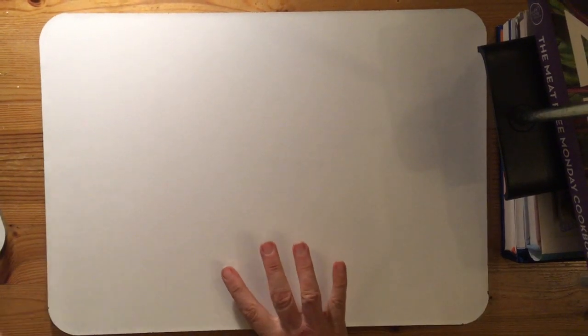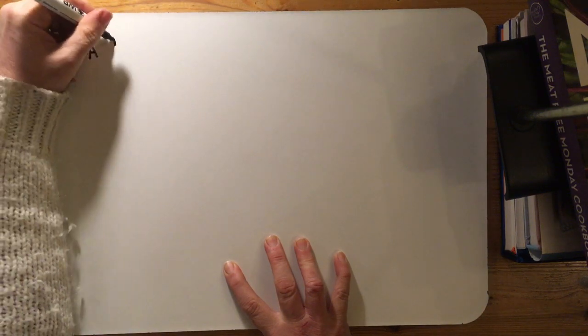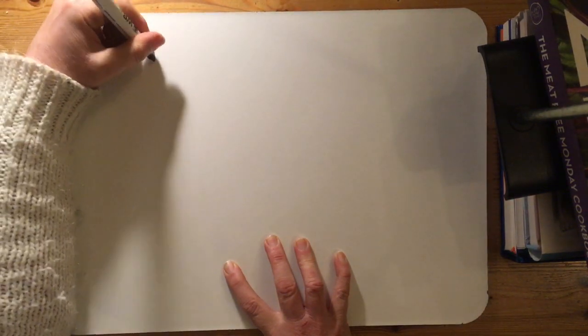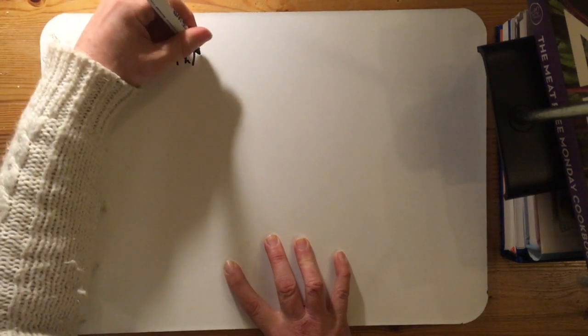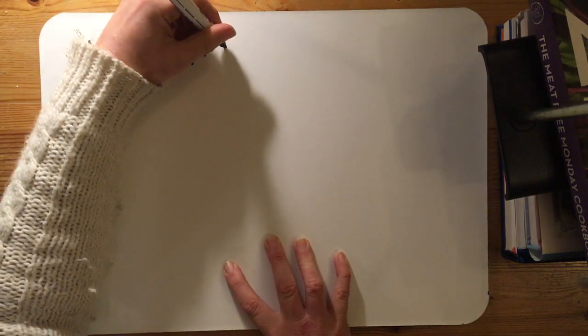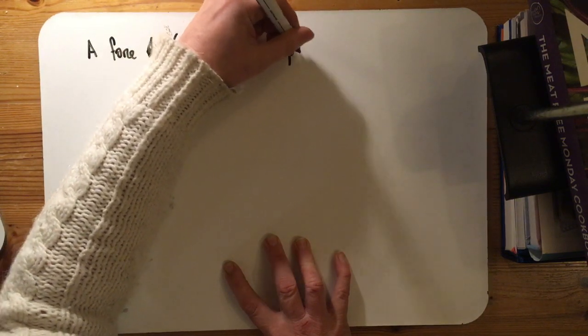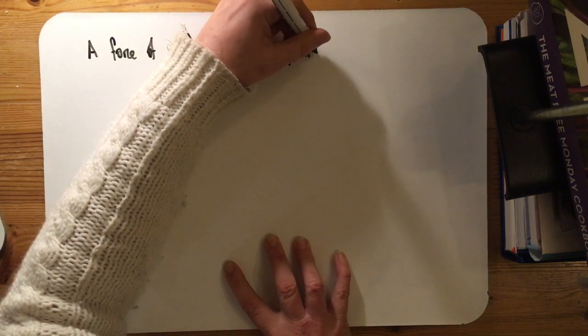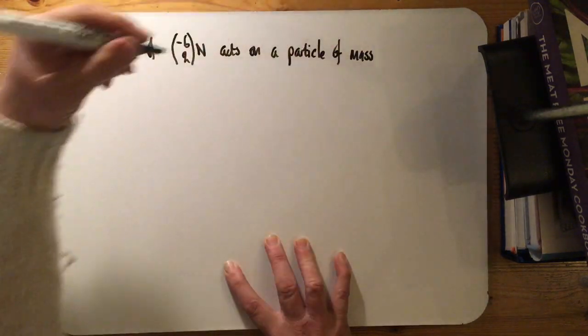Second one, we're just going to do a little bit of F equals ma. Let's check my board's lined up. So we're going to have a force of (-6i + 2j) newtons acting on a particle of mass 2 kilograms.